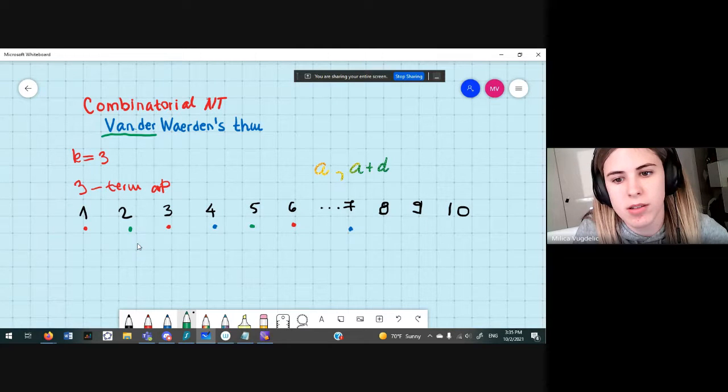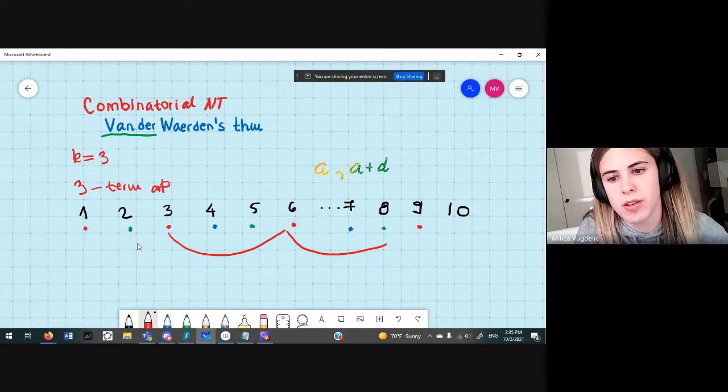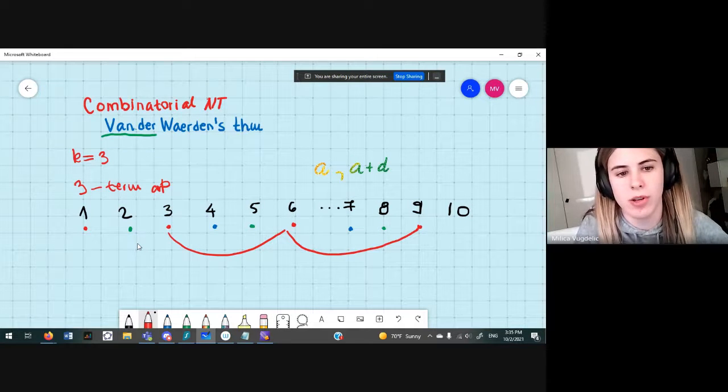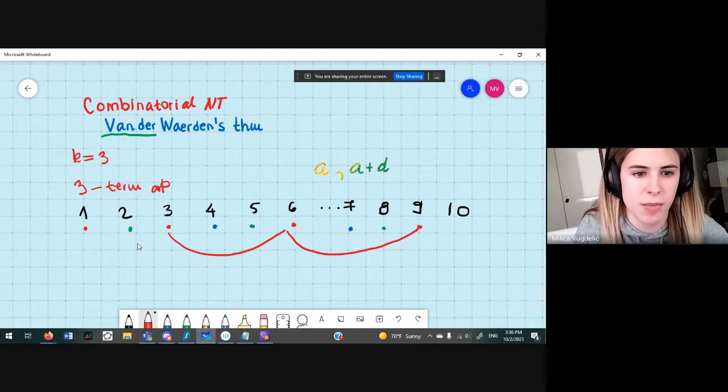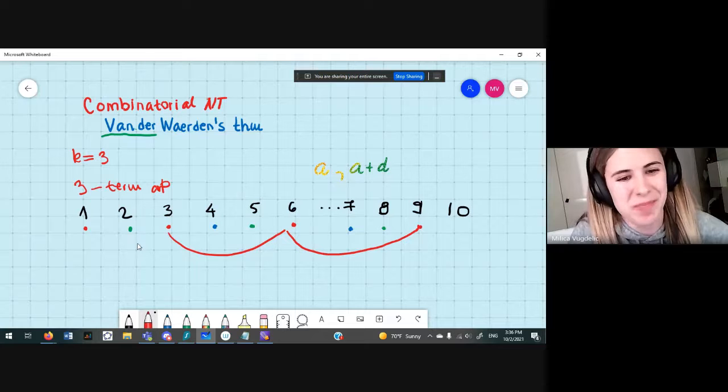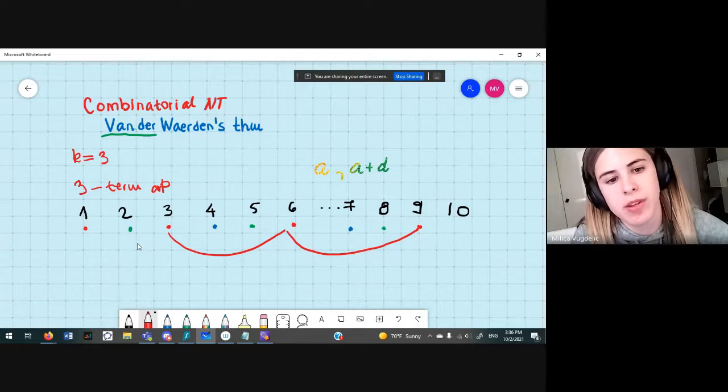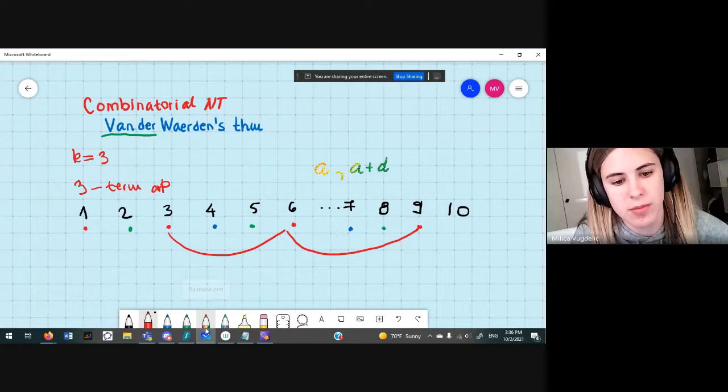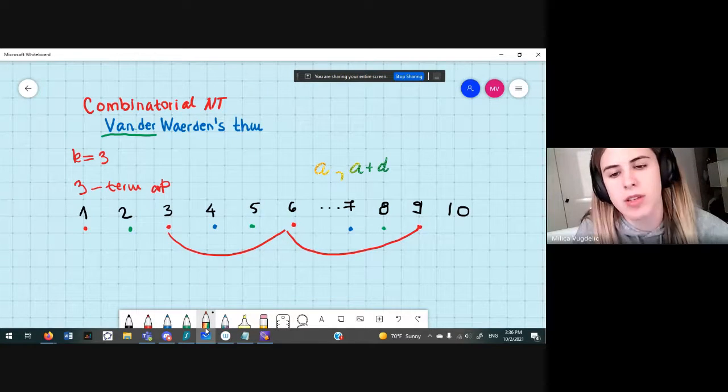For 3 terms, even 10 won't suffice, but our theorem is about coloring the whole number line. That was a bad example. Our theorem tells us that we have to color everything, but we will prove that bounds exist.